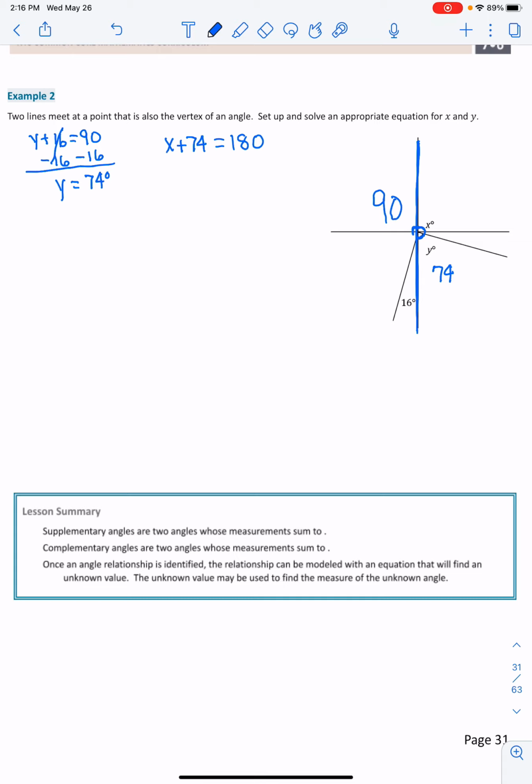So now I can subtract 74 from both sides. And I know then that x is going to equal 106 degrees. And this ends our lesson for today.